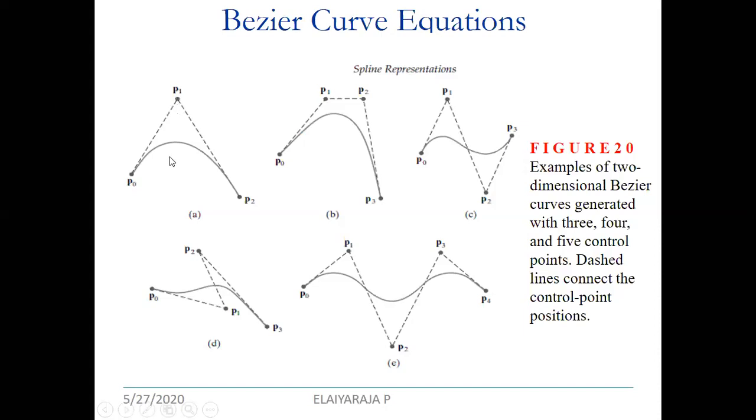The starting point and ending point we call anchors, and the middle points we call handlers. For example, P0 and P3 are anchors, and the control points P1 and P2 are called handlers.